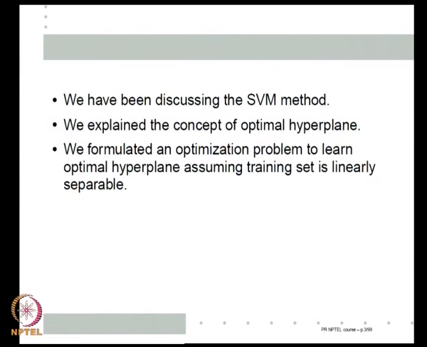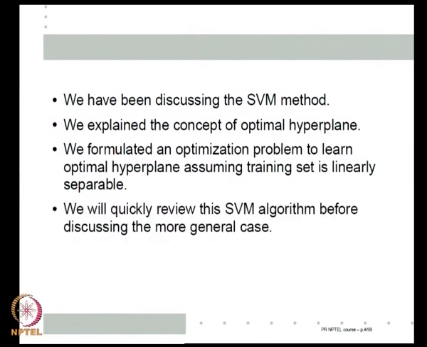We have seen that for learning optimal hyperplane, we essentially have to solve a quadratic optimization problem with linear constraints. The optimal hyperplane is one which maximizes the separation. And we looked at the formulation only under the assumption that the training set is linearly separable. That is the case we have been considering so far.